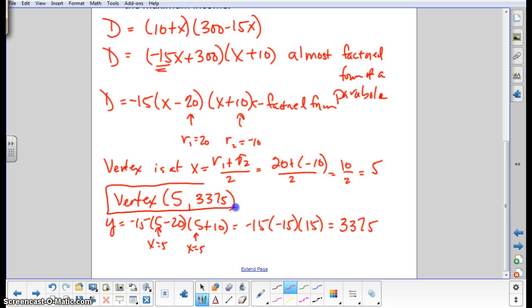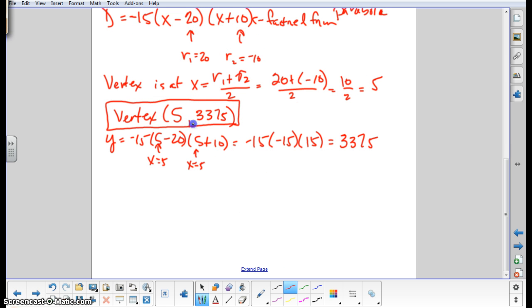Now we're going to get the equation for that parabola, which is, so a is equal to negative 15, it's the same a in all of the forms, since that's factored form. And x minus the x-coordinate of the vertex, and y, or k, is the y-coordinate of the vertex.